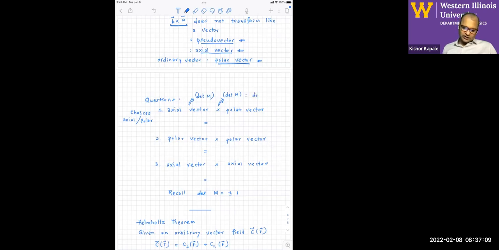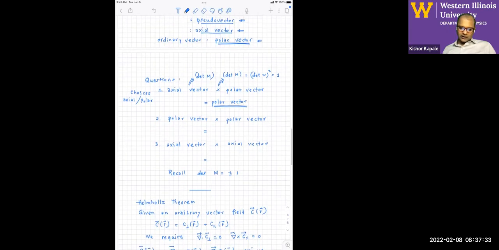So what is left is determinant M squared, which is 1. As if the determinant M was not there, this transforms like an ordinary vector, so it's a polar vector. If you answered polar, you got it. If you answered axial, you were not thinking along the correct lines.